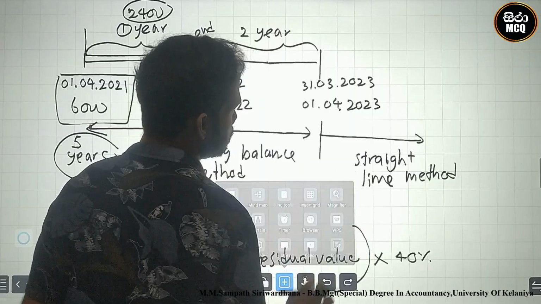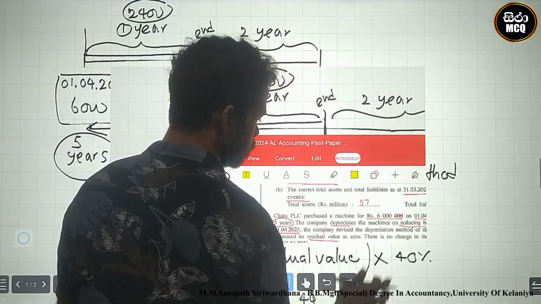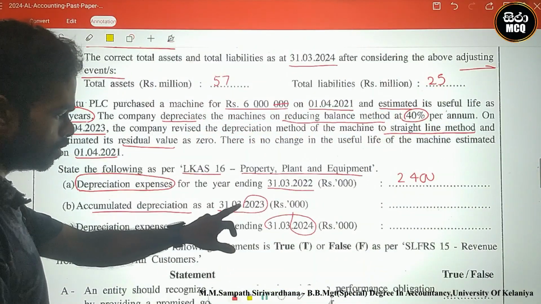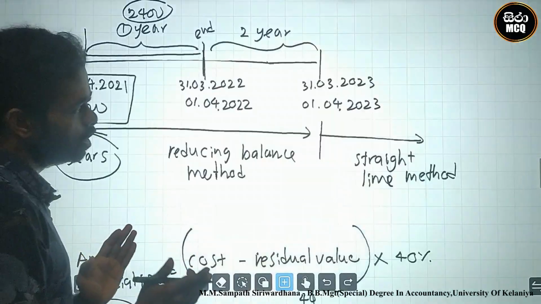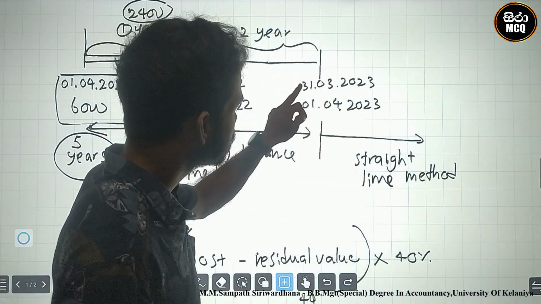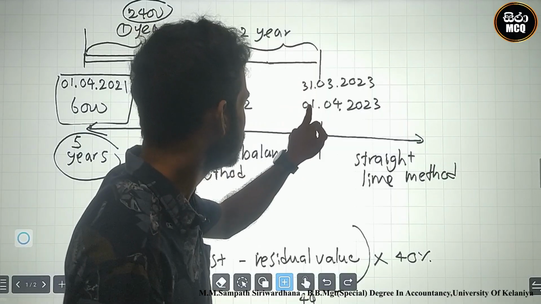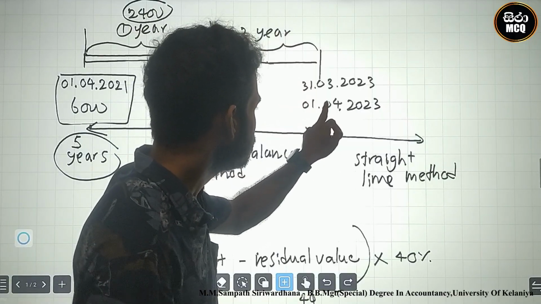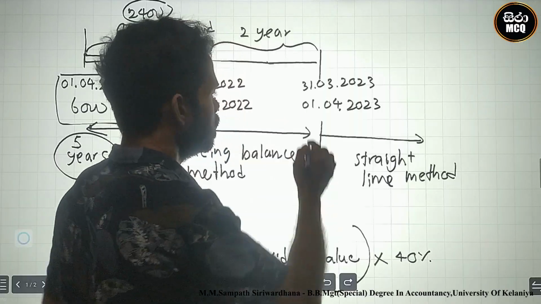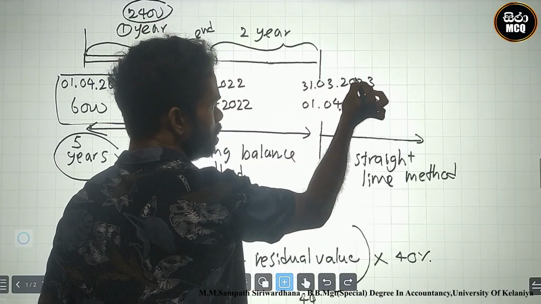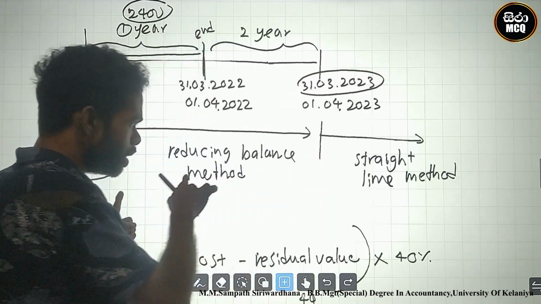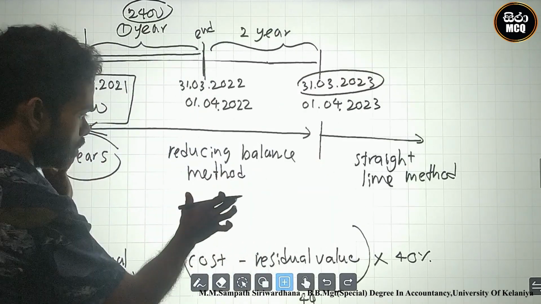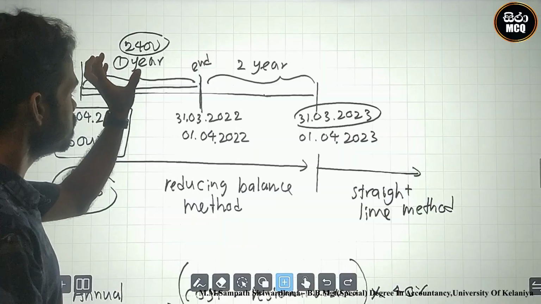The change was done after this date, right? The change was done on 1st April 2023. Therefore, up to 31st March 2023, there is no change from the reducing balance method. Therefore, the first year depreciation was done.